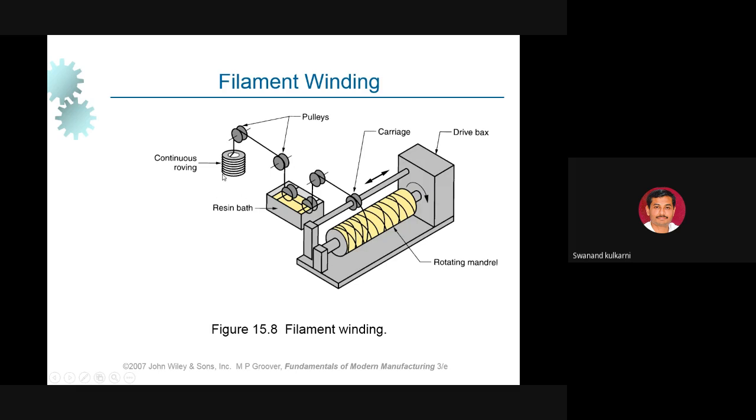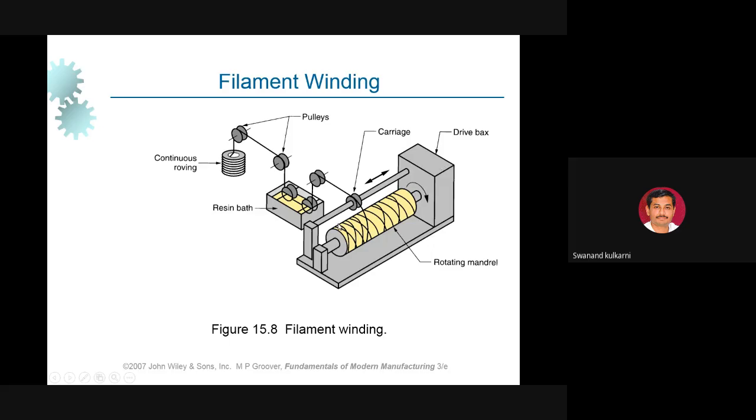This particular bundle consists of reinforcement, and these are continuous type reinforcements. When these pulleys start to rotate, automatically this will get unwound. Then it passes through this resin bath, meaning the matrix material is present here. Once it passes through the resin bath, the rotating mandrel will rotate. This is the drive box.